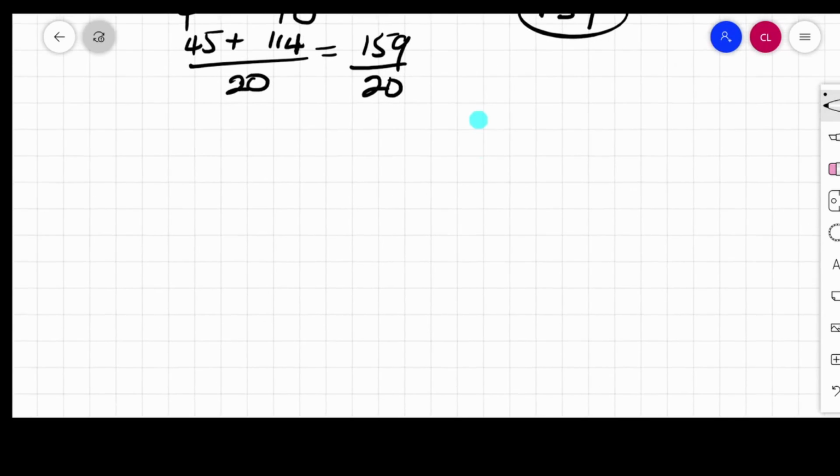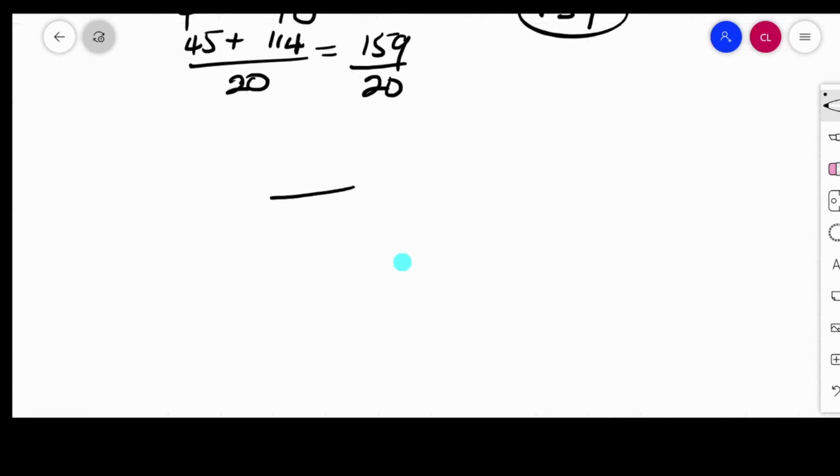And now we need to see how many times 20 could go into 159. Now we know that 20 can go into 105 times. 5 times 20 is 100, so 6 would be 120, 7 would be 140, 8 would be 160. That's too much, so we have to stay with 7.